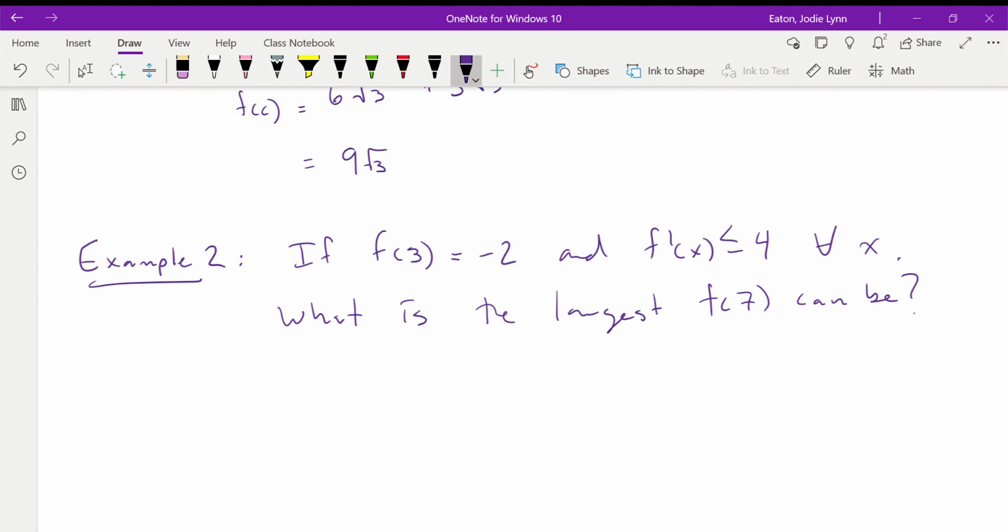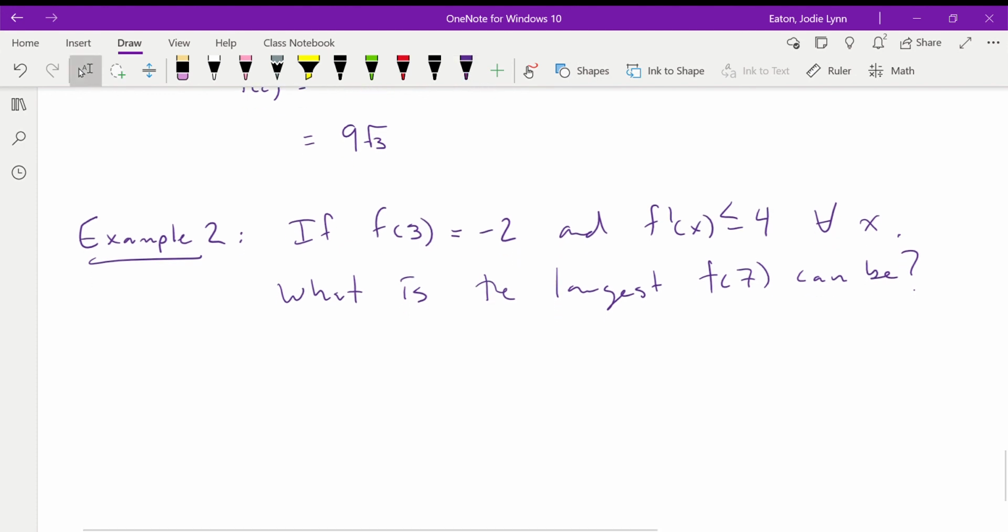Okay, so what are we given? We're given that f prime of x is less than or equal to 4 for all x. So if we know that f prime of x is less than or equal to 4, we know that it is a number, and we know that it is differentiable and continuous.